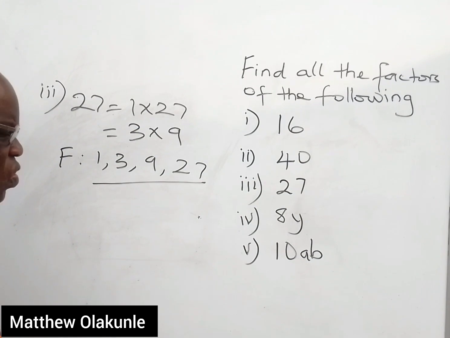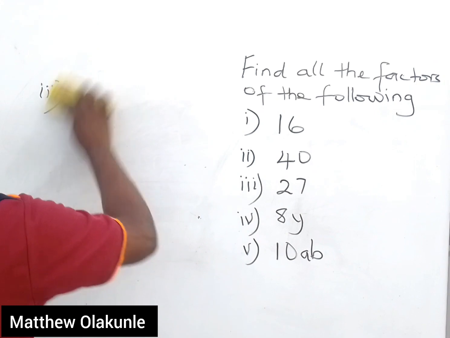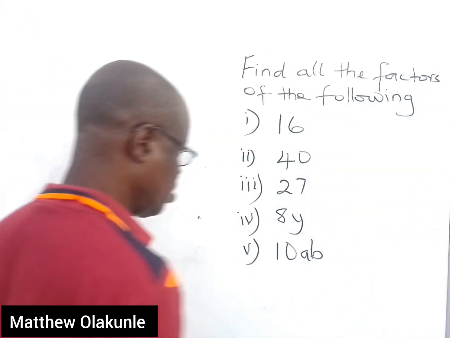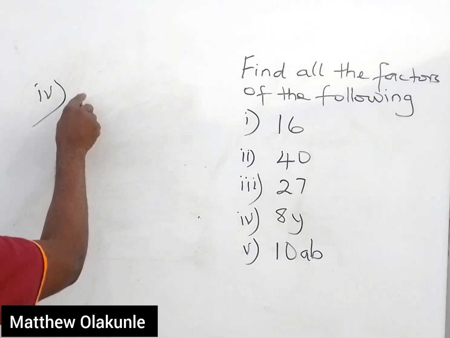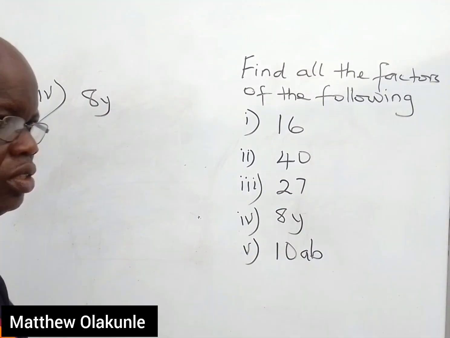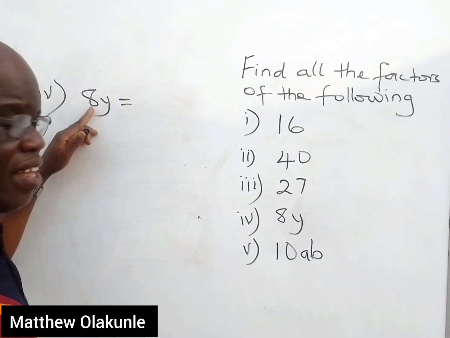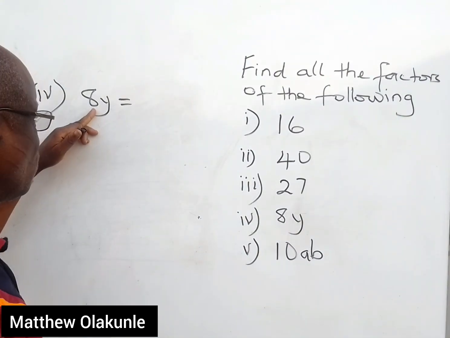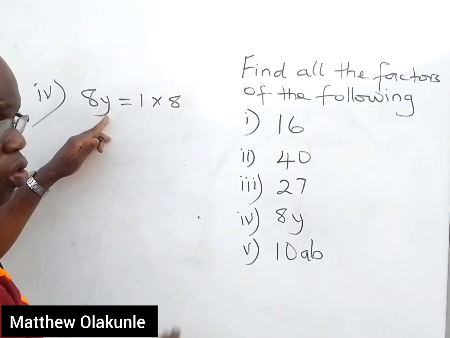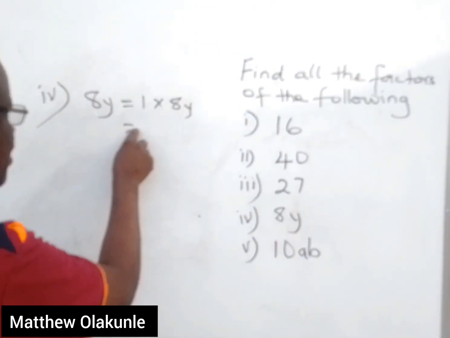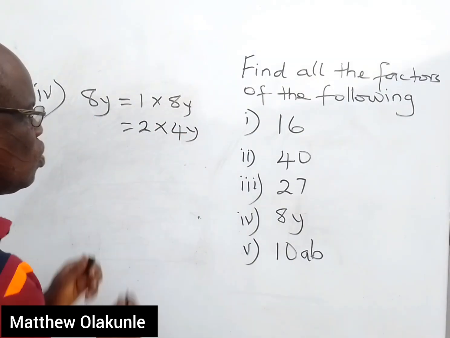Now, we want to look at the fourth one. This is 8y. We use the same principle. Very simple. Now, you imagine as if you are getting the factors of 8 alone. So you start with 1 as usual. 1 times 8, then you put your y. Then you have 2. 2 times 4, you put your y.